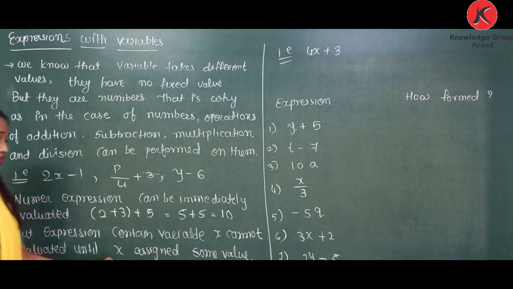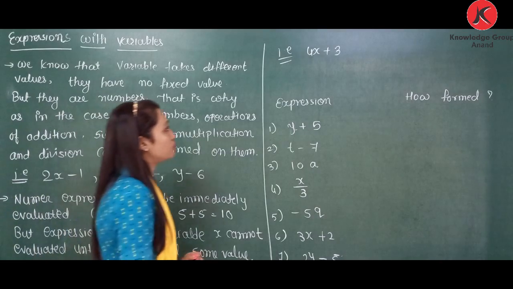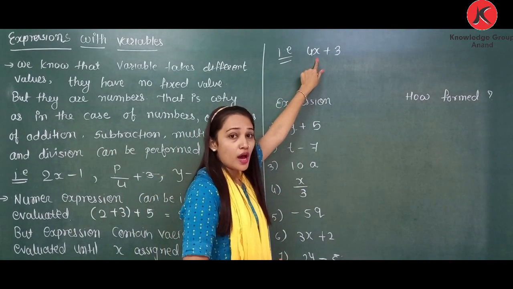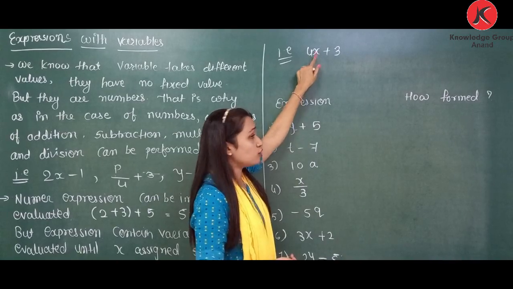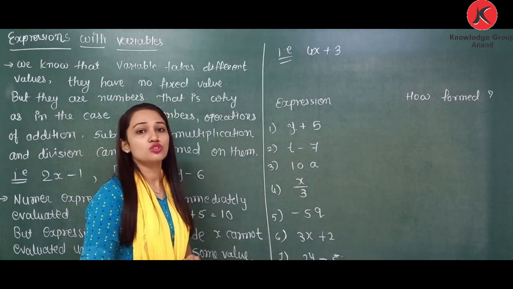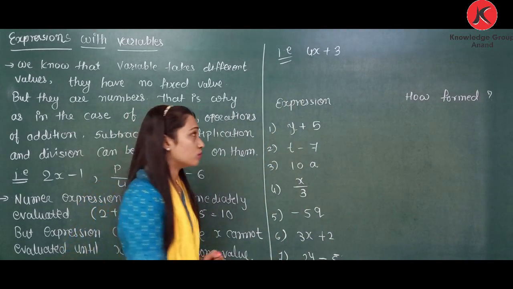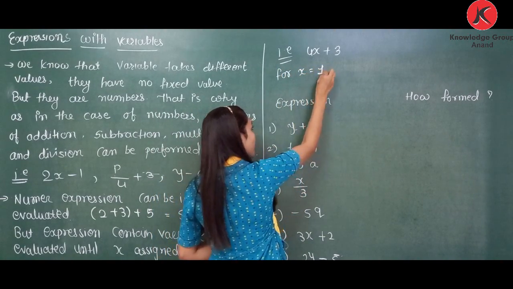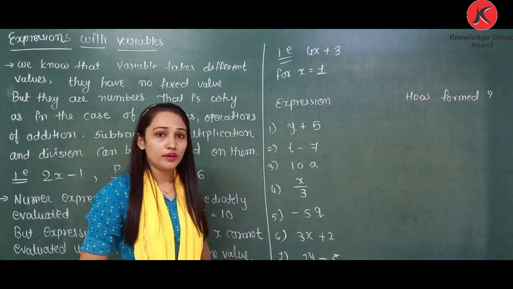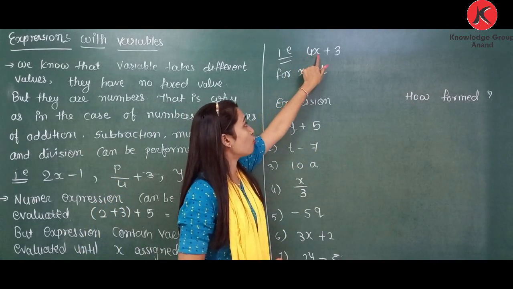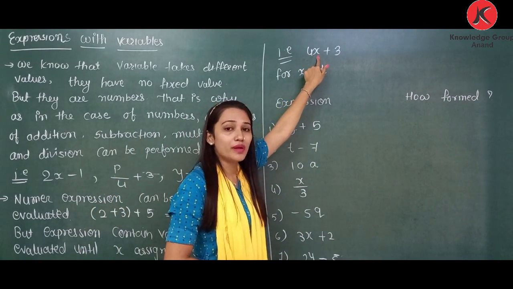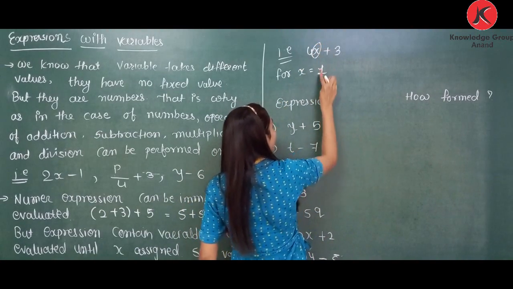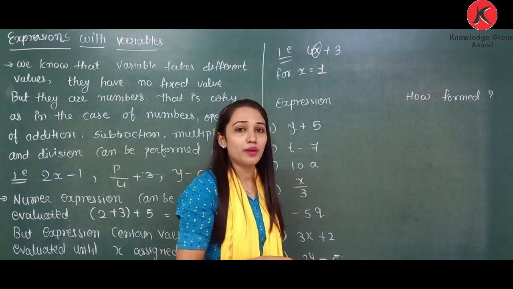So let's understand this statement with the example 4x plus 3. You can see here we have a variable x. Until we assign a value to x, we cannot solve this expression. So if we write x is equal to 1, what is the operation between 4 and x? It is a multiplication. It means if we give x the value 1, then 4 is multiplied with 1.